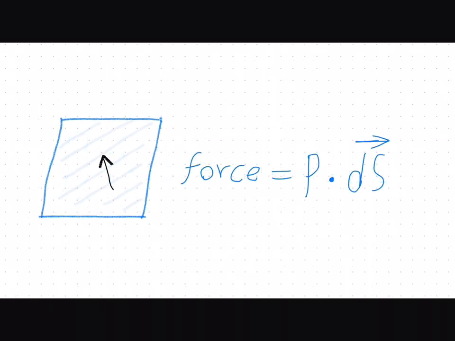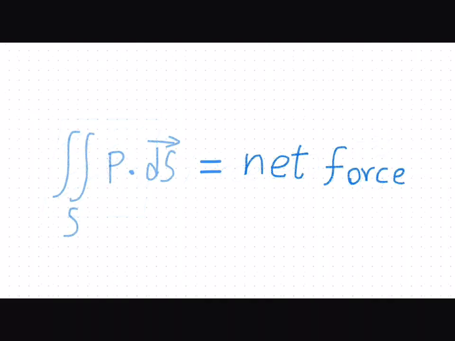We can work out the force exerted by one of these small surfaces without much trouble. All we have to do is multiply the pressure at that particular point by the vector dS. Then we just integrate this over the surface S.